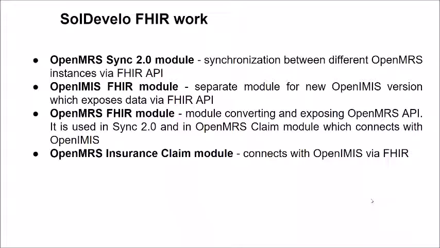We made some input to converting and exposing the openIMIS API. We use it in the Sync 2.0 module and also in the openIMIS insurance claims module, which connects with openIMIS. As I said, it was one of our tasks to verify that the openIMIS FHIR module works as expected and to connect it with the openIMIS insurance claim module via FHIR.